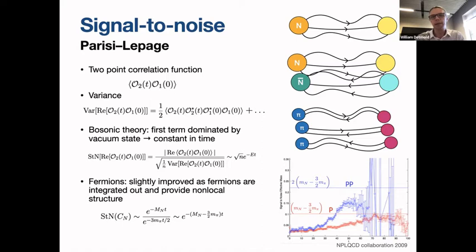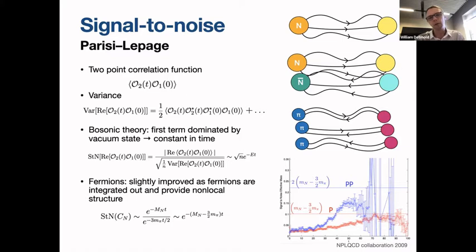So the variance takes its standard definition, and one of the terms, and the one that's really relevant here, is this term that's shown on the right-hand side of this equation: the expectation value of the absolute value squared of the correlation, of the operators defining the correlation function. So it involves operator 2 at time t times its complex conjugate or its Hermitian conjugate at time t, and then the same thing at time 0 for operator 1.